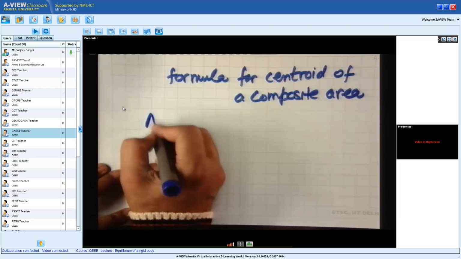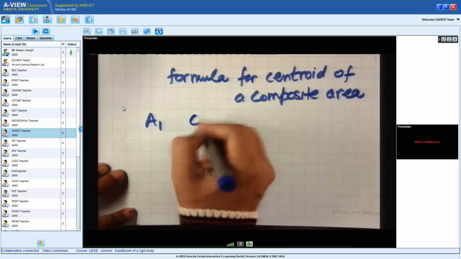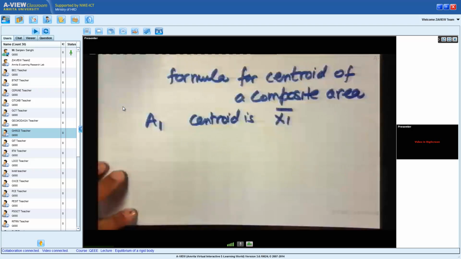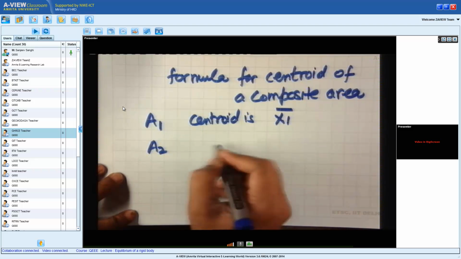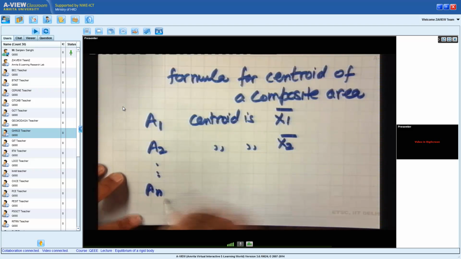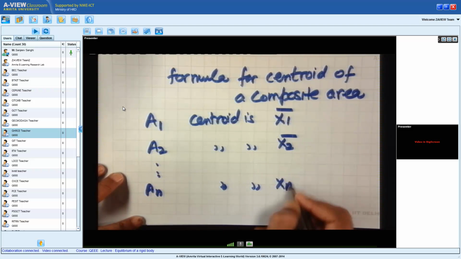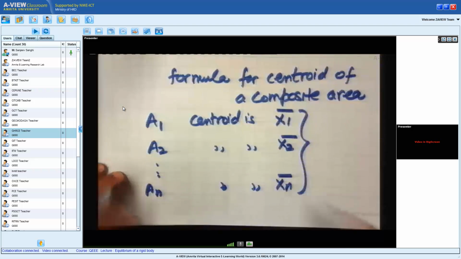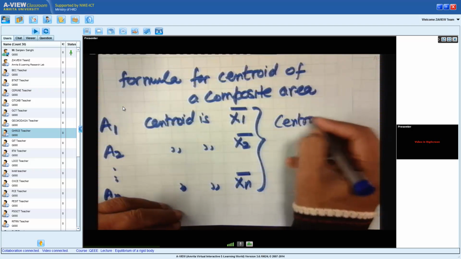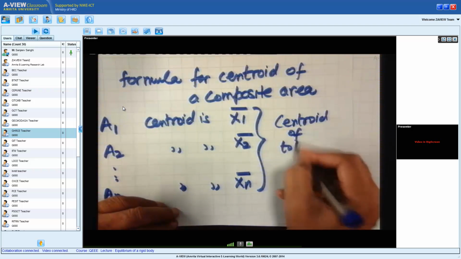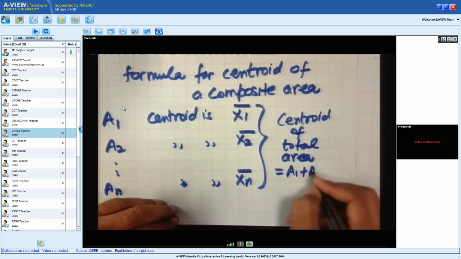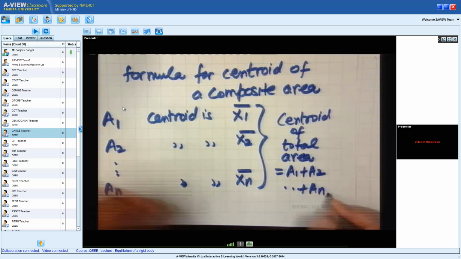Suppose I have an area A1 whose centroid is at a position x1 bar, and area A2 whose centroid is at x2 bar, and so on, area AN whose centroid is at xn bar. The question I ask is, what is the centroid of the total area? And total area means we are talking of A1 plus A2 plus up to AN.